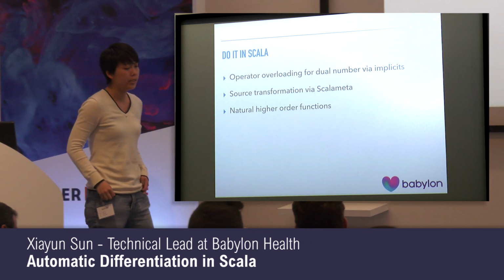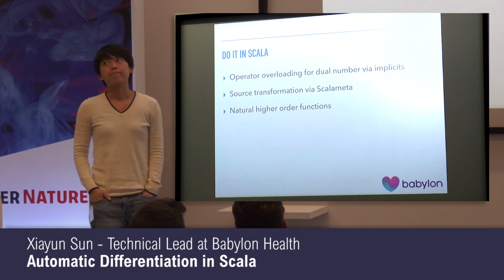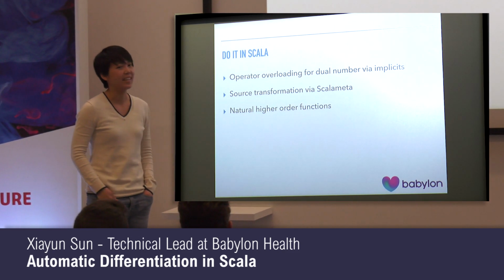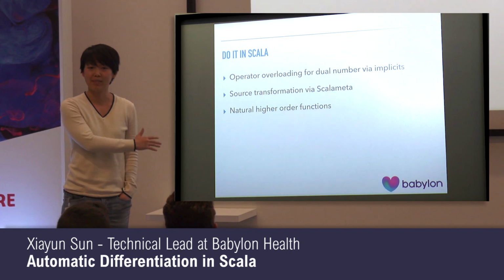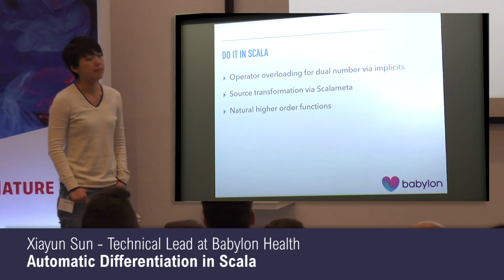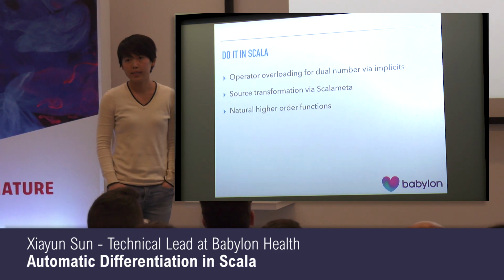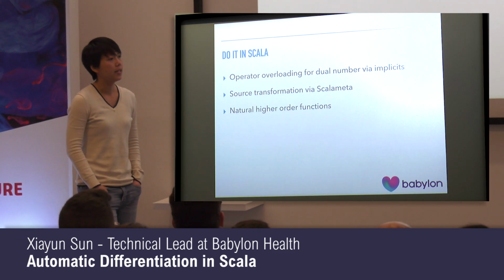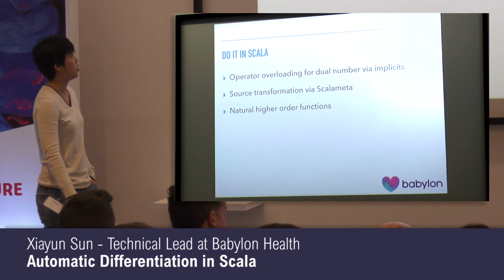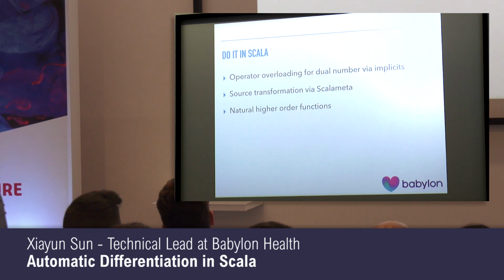So why do I want to do it in Scala? I didn't, to be honest. I was just thinking, okay, I need to do a Scala talk, so I need to adapt this thing to Scala. But actually, I found something really nice along the way. Basically, you have a few tools in Scala that help naturally with this process. One is operator overloading.